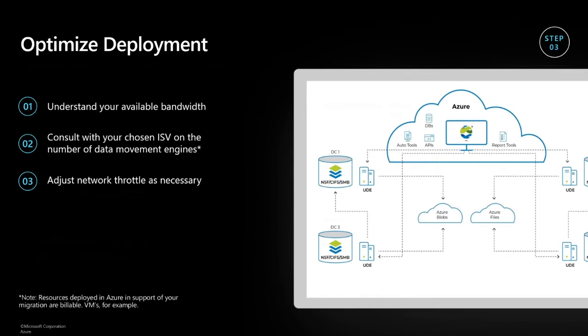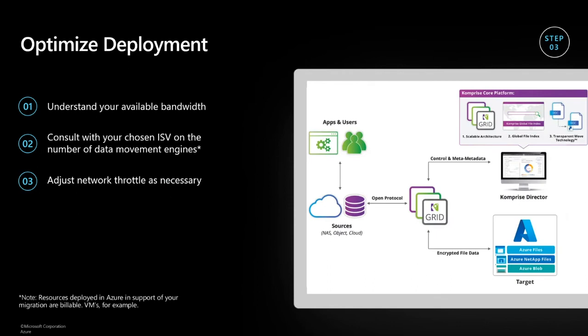And of course, you want to make sure that when you are doing the actual deployment, it's done in an optimized manner. So understand how much bandwidth you have available. And those getting started guides mention several tools that can help you assess how much headroom you do have on your current circuits, if that is not something that you're already aware of. You want to work with these ISVs during the onboarding session to determine how many have deployed so that you know what the scale out need is and how many VMs will need to be allocated.